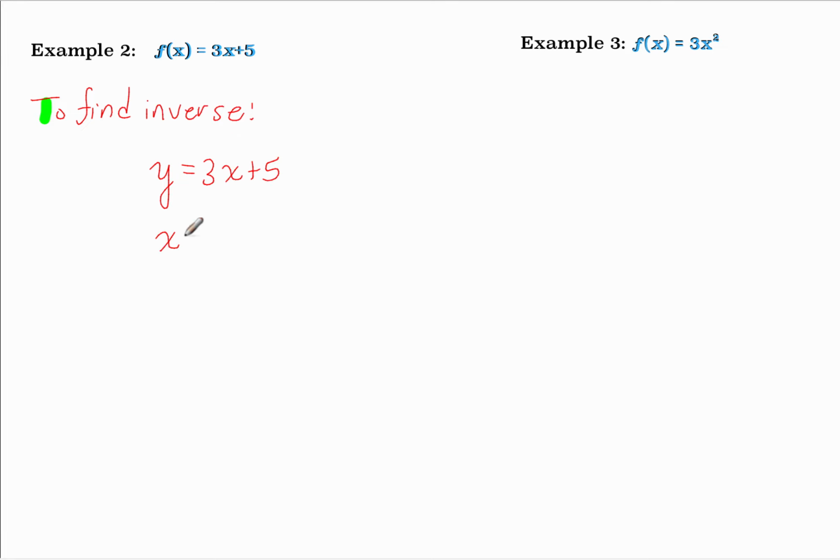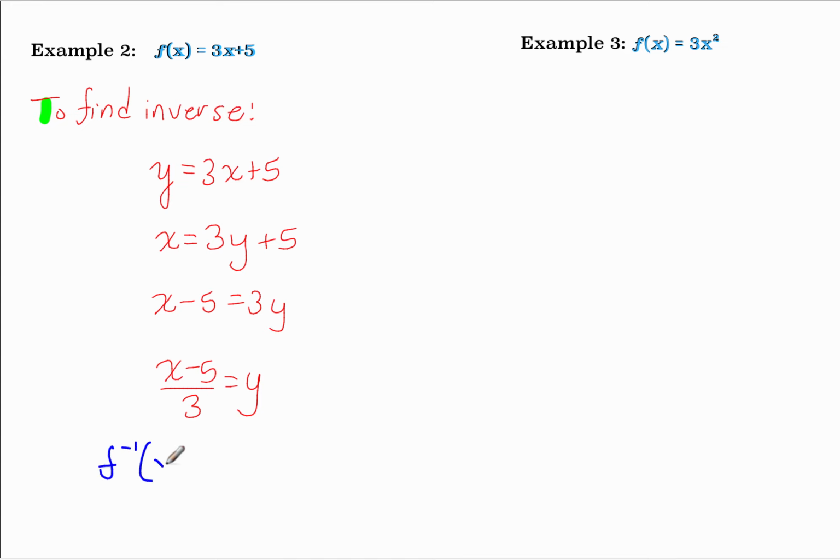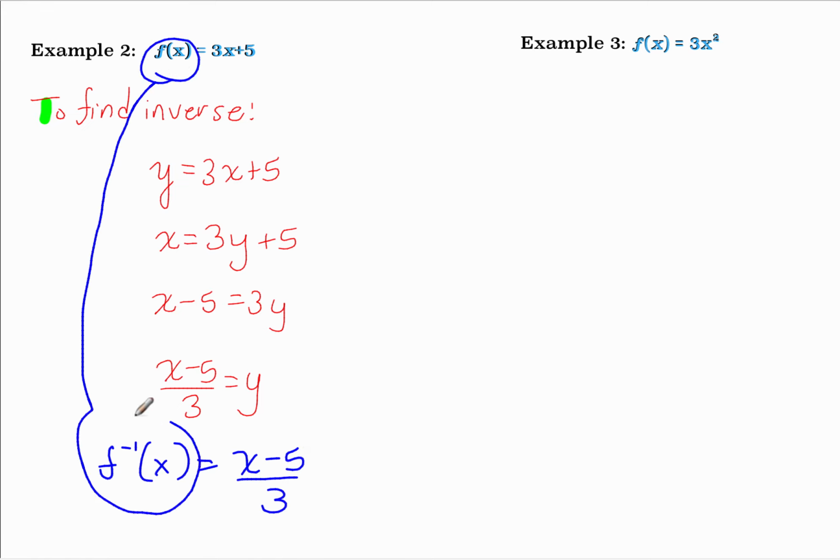All right, so x equals 3y plus 5, and now solve for y. X minus 5 equals 3y. X minus 5 over 3 equals y, and then we're going to write it in function notation. X minus 5 over 3. Here's f of x, and then this is the inverse of it.